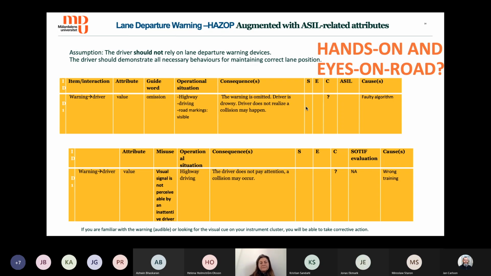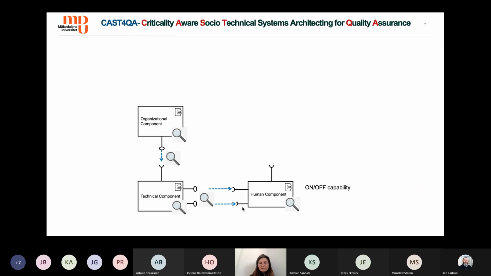And if we consider another scenario that this time is perhaps related to SOTIF, where we have the misuse and we have a visual signal that is not perceivable, and the driver does not pay attention, and perhaps the driver has not received the proper training. So also in this case, what is the controllability? Shall we take the controllability as C0, as this is done apparently by various manufacturers?